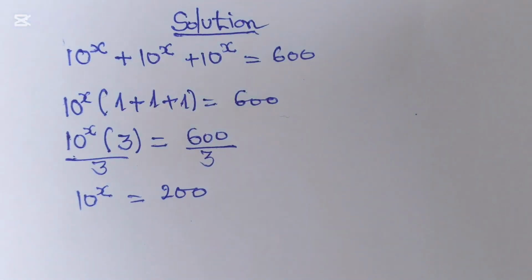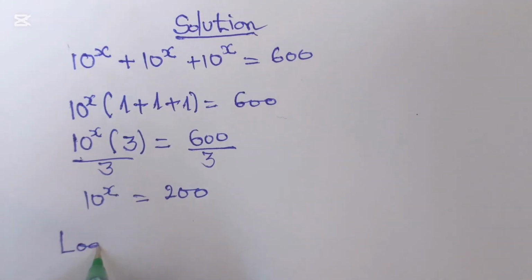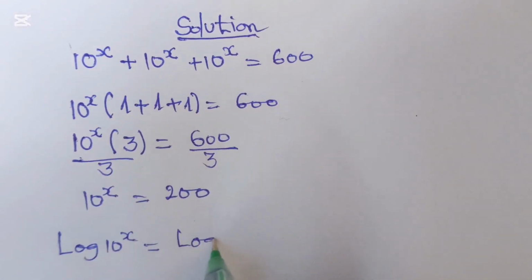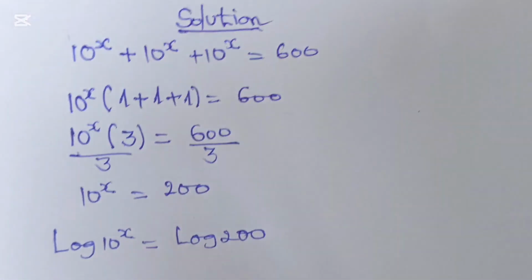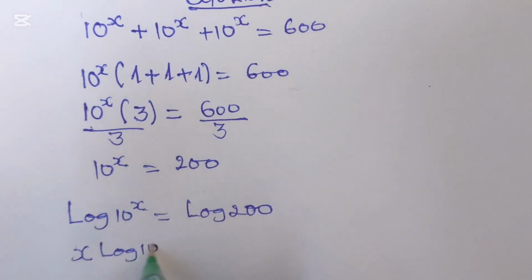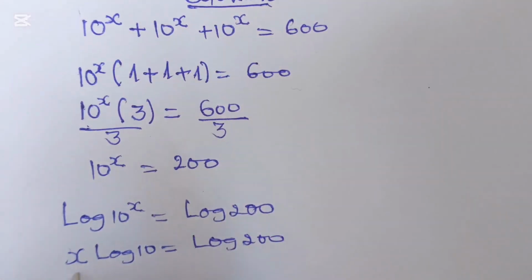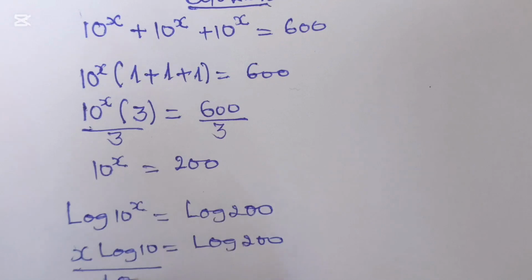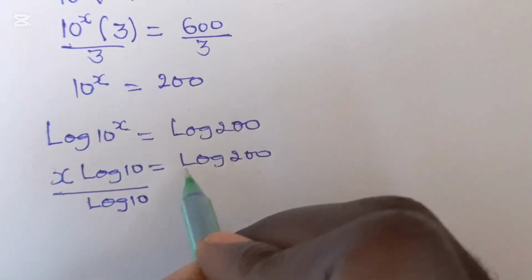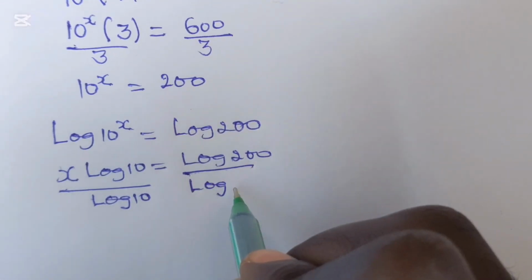Now another thing to do here is to apply logarithm, and then we have logarithm of 10 to the power of x to be logarithm of 200. Then x logarithm of 10 will be logarithm of 200, then dividing by logarithm of 10.